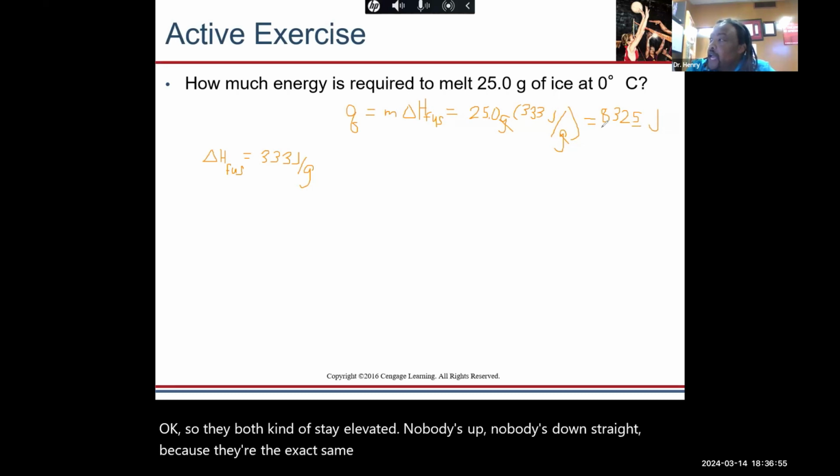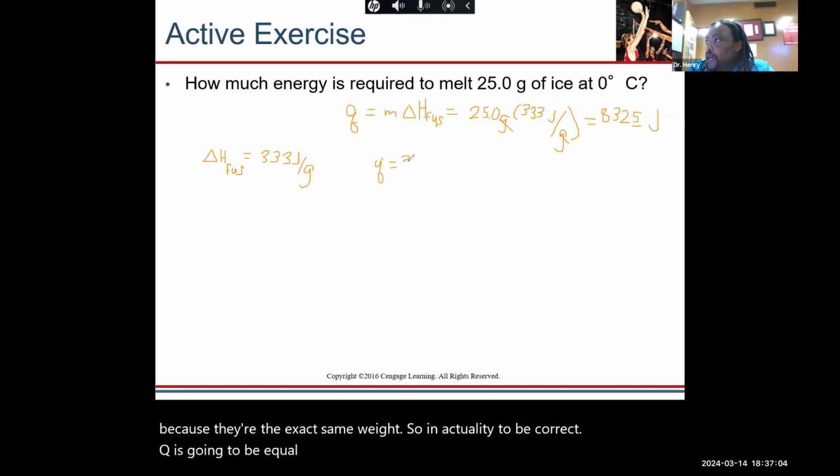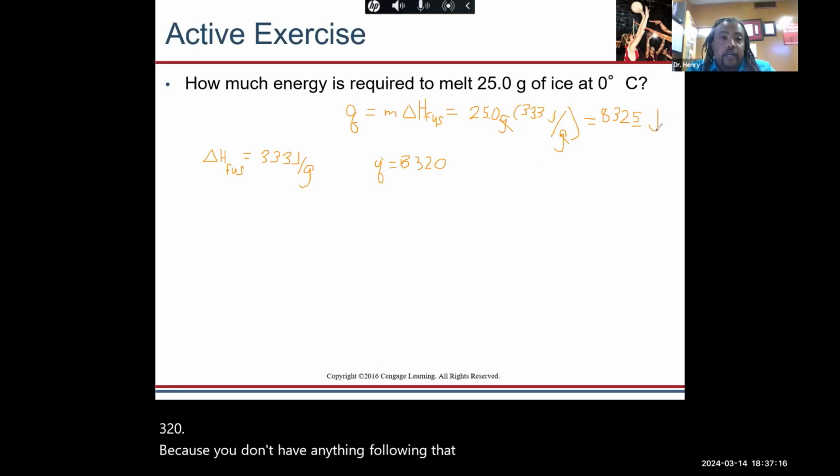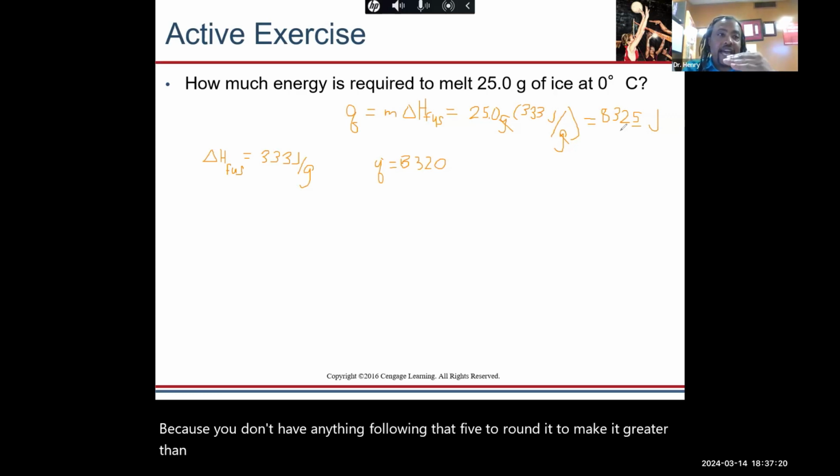So in actuality, to be correct, Q is going to be equal to 8,320, because you don't have anything following that 5 to round it to make it greater than 5. It's exactly at 5, if that makes sense.